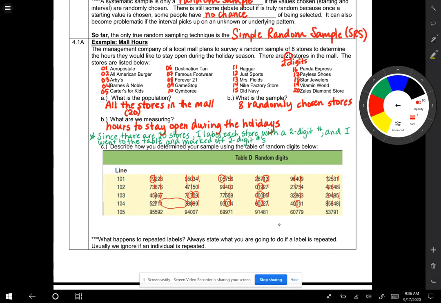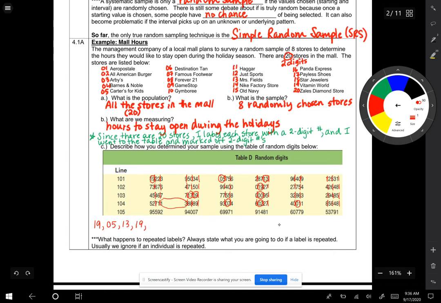So we have 19, so store number 19 happens to be Vitamin World. And then the next one, I circled 5, which is Carter's for Kids. And then I circled 13. Then I circled, or did I circle anything? I did, 19.